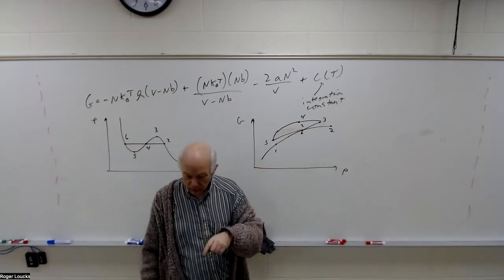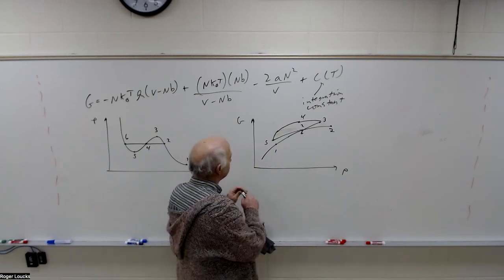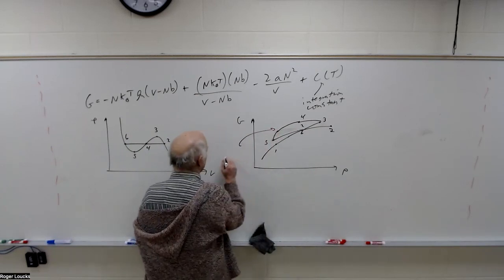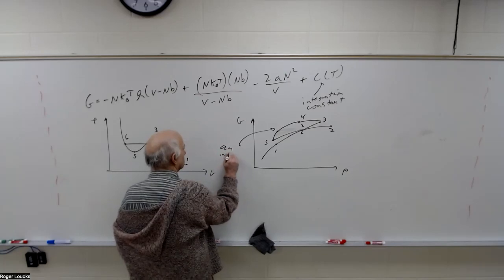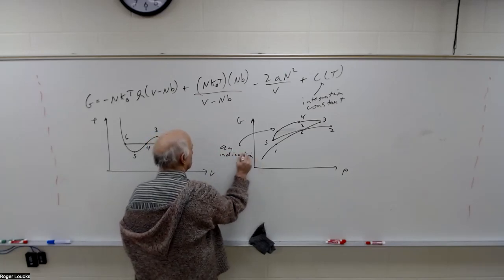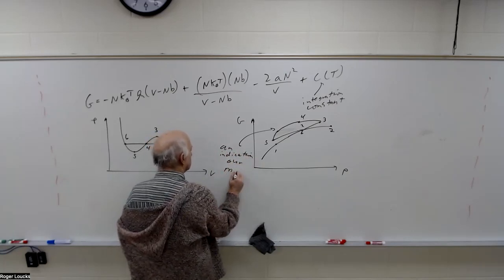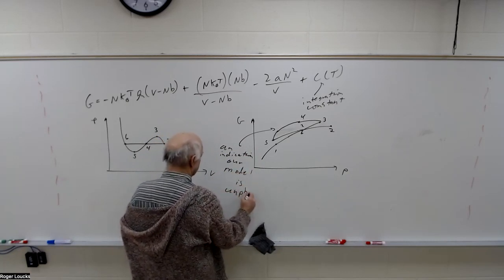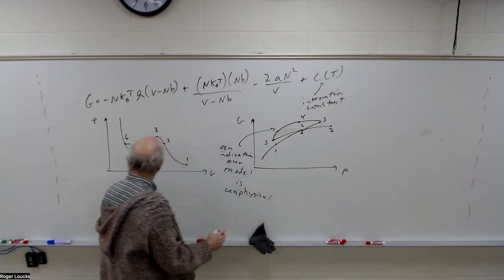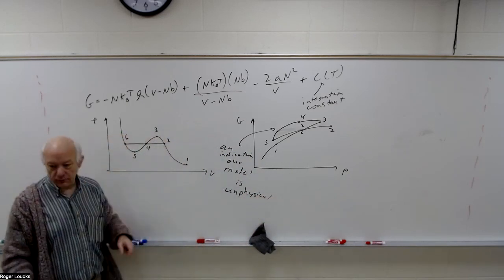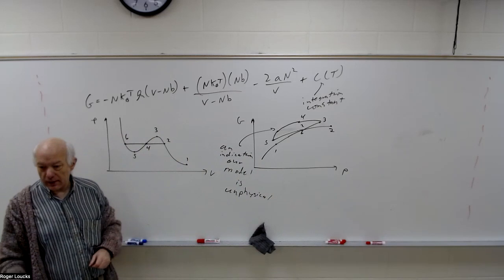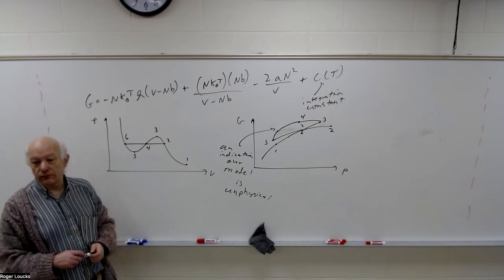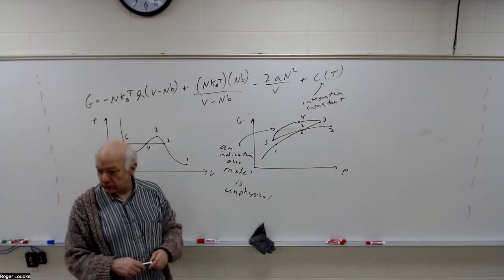Now here's the interesting part. This is an indication our model is unphysical. But it corresponds to this real behavior like that. And real is actually, if you translate that, that means unphysical. Good to know.